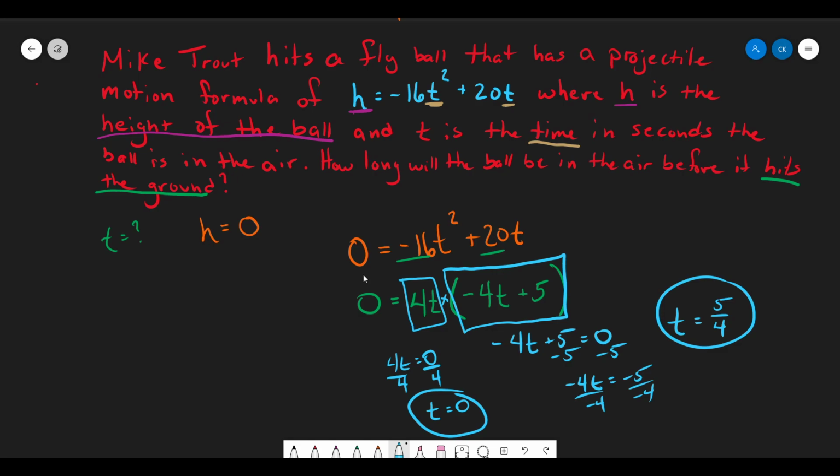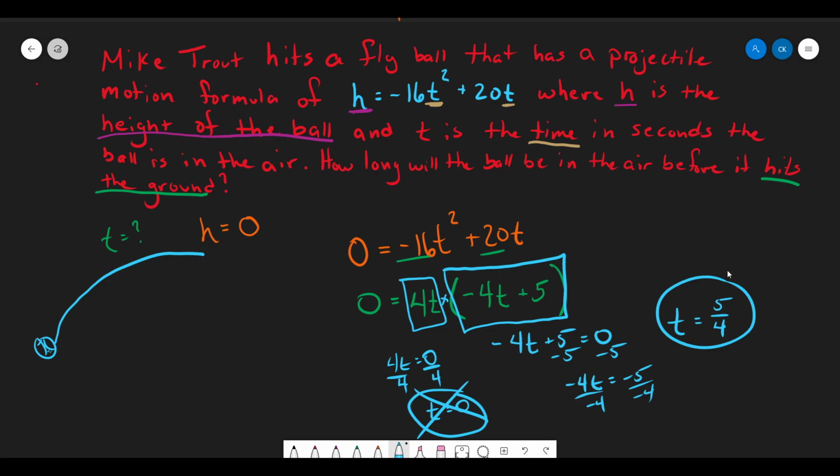In this case, no. It wouldn't make any sense for the ball to be in the air for 0 seconds before it hits the ground. He hits a fly ball, right? If you don't know anything about baseball, you hit it up into the air. So a time of 0 seconds would make no sense. So t could equal 0, but it doesn't make sense for the problem, so we don't use it.